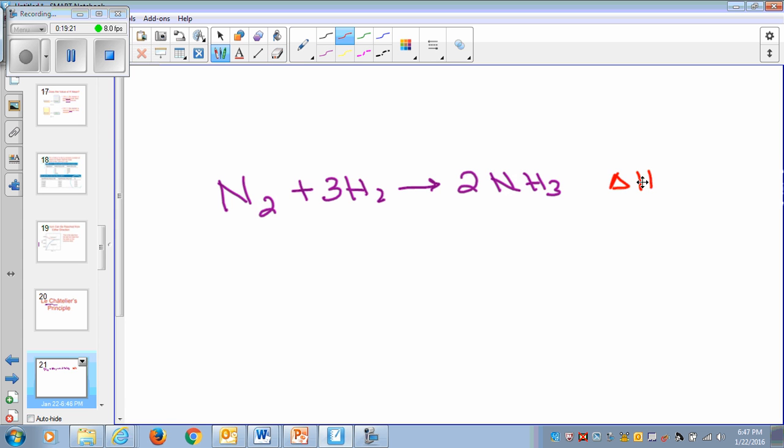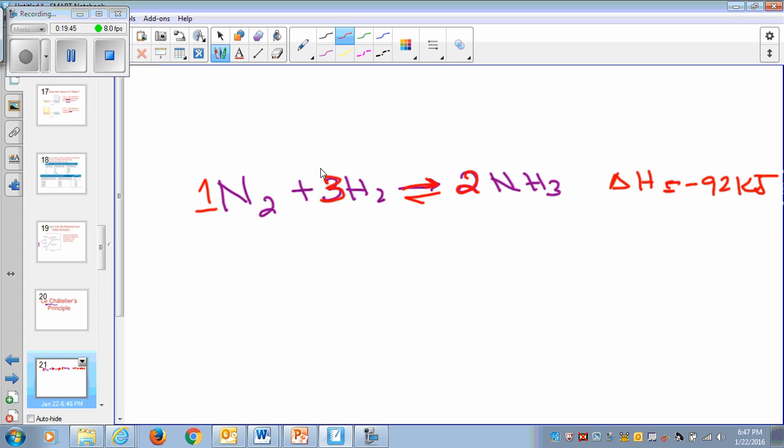Let's do delta H as negative 92 kilojoules. So this is an exothermic chemical reaction. You see that 1 mole of nitrogen and 3 moles of hydrogen is yielding 2 moles of ammonia. And it is a reversible reaction.